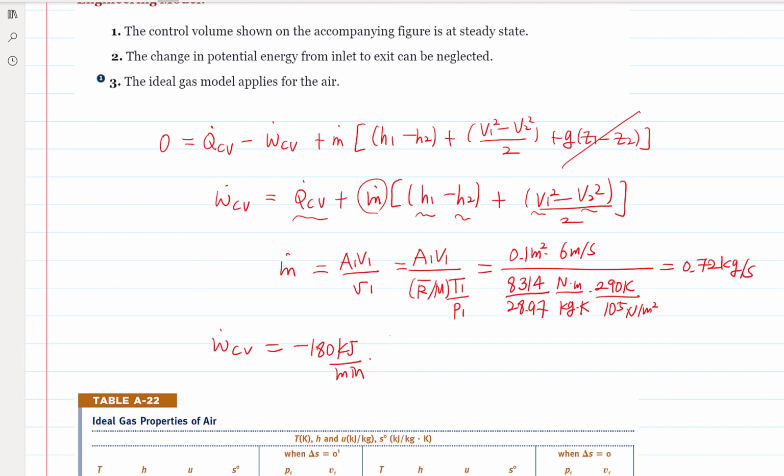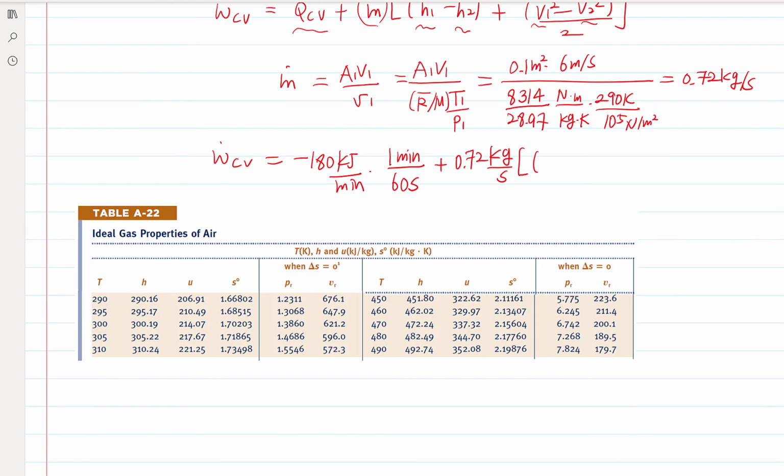So multiply by, and enthalpy at state 1, 290 Kelvin. This is H1. Recall that enthalpy is only a function of temperature for ideal gases. Enthalpy at state 2 at 450 Kelvin. Enthalpy is here.